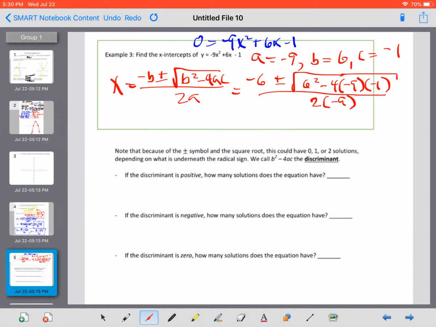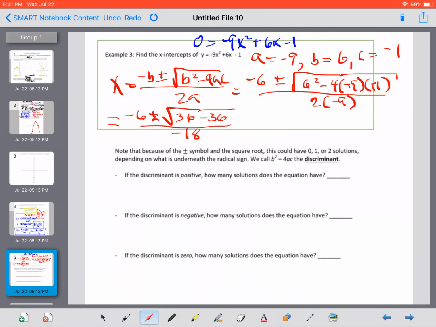Alright, so let's try to simplify this some more. In the numerator we have negative 6 plus or minus the square root of 6 squared is 36, minus, we've got a negative 9 times a negative 1, so make those positive. We still have a negative on the outside, so negative 4 times 9 times 1 would be negative 36, all divided by 2 times negative 9.